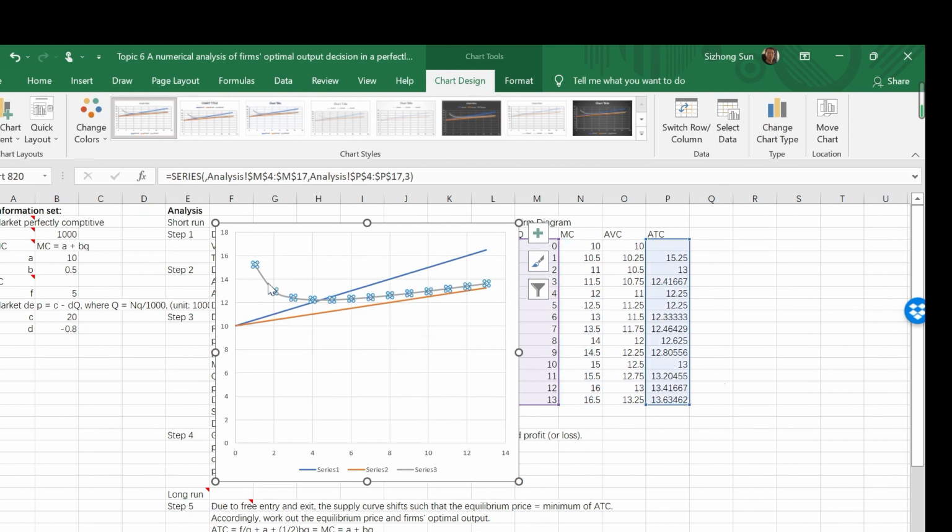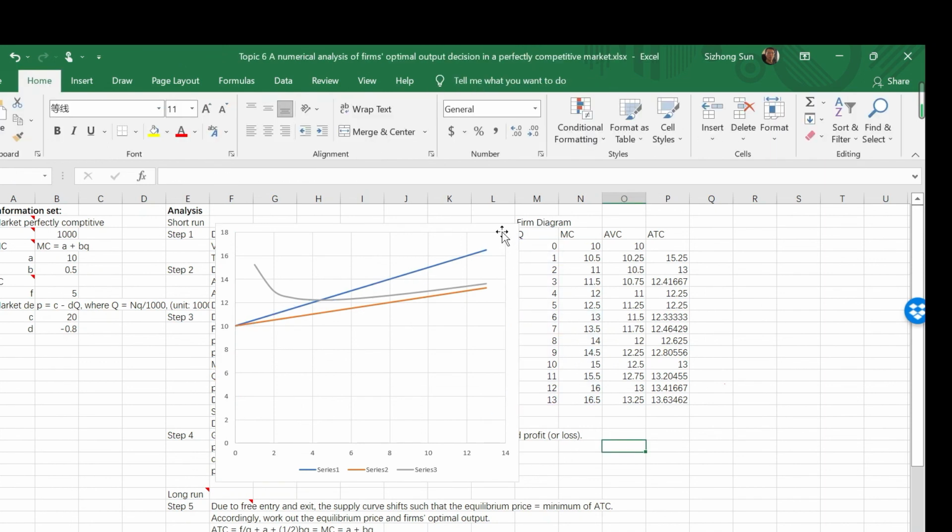This gray curve is the average variable cost curve. This orange curve is the average total cost. And you might see that this is different from the typical U-shape, and that's because of the particular form we are assuming, that this marginal cost curve is a straight line. Okay, this is a numerical analysis of the firms in the perfectly competitive market.